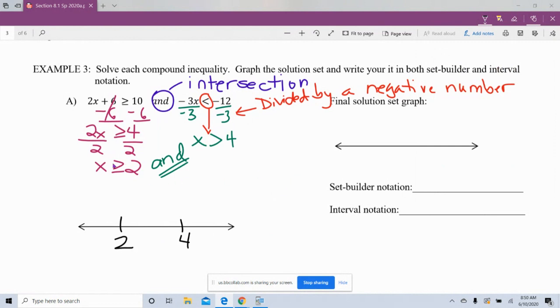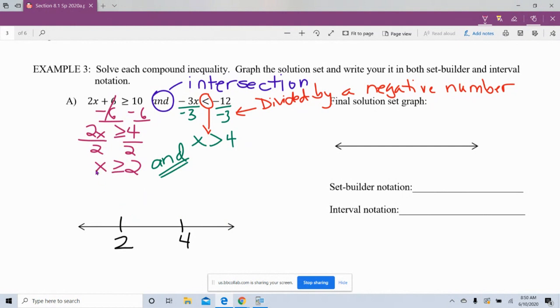Okay, so now I'm going to go ahead and graph this first solution set. I'll use the same color. So it's this purple color. So it says x has to be greater than or equal to 2. So where are the numbers that are greater than 2 located? Are they to the left of 2 or are they to the right of 2? Well, numbers that are greater than 2 are to the right of 2. As long as your variable is written first, you can actually just use the inequality symbol as a directional arrow telling you which way to shade, right?